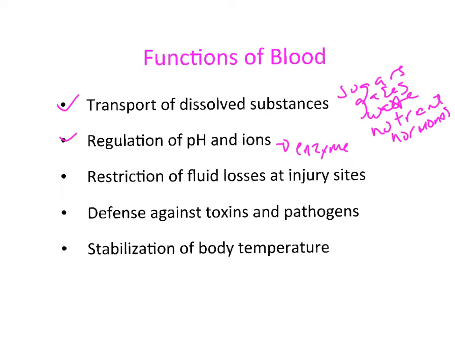It restricts the loss of fluids at sites of injury. So we're going to talk about platelets and how platelets are preventing further bleeding. Defense against toxins and pathogens. We're going to get a lot more detailed about this in an upcoming set of notes, but really looking at your immune system and how your blood is involved, at least partly, in doing most of the tasks of identifying pathogens and removing or eliminating them as a threat.